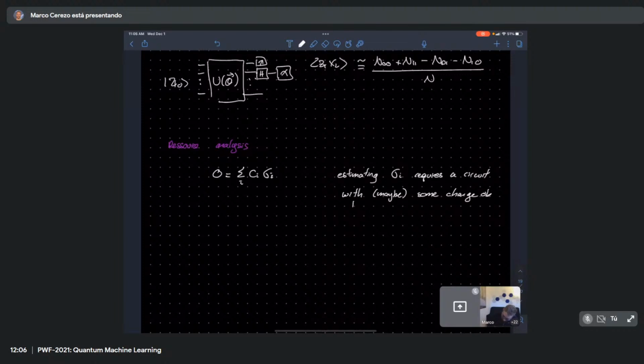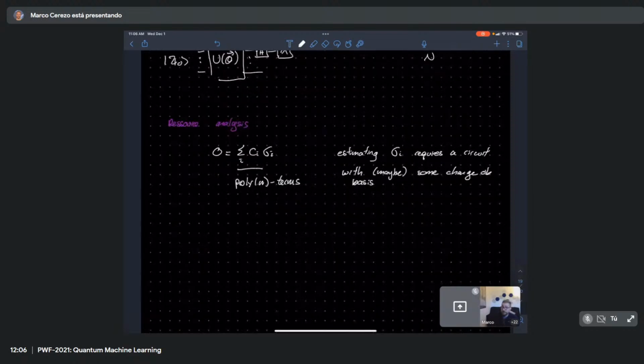Imagine that I have poly n terms in the summation, as we've assumed. Each time we run a circuit, maybe we have one-body terms, and we're going to measure just one qubit. Then we have two-body terms, and we're going to be measuring two qubits. So how many times do we have to run our circuit? If each time we have n measurement shots, the total budget could in principle be poly n times n measurement shots.